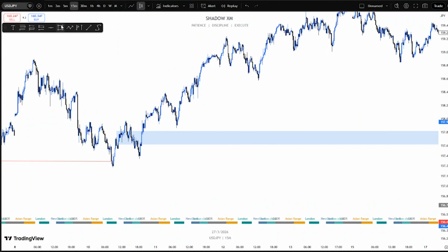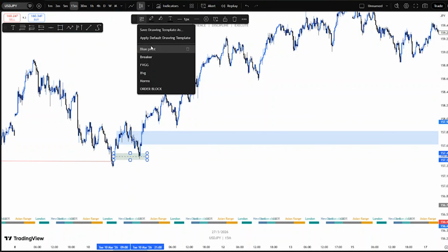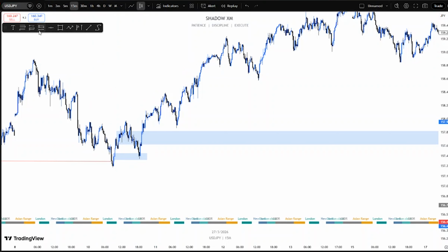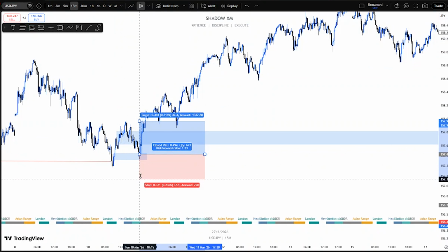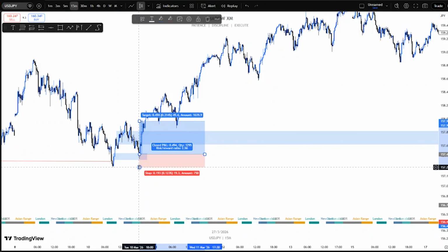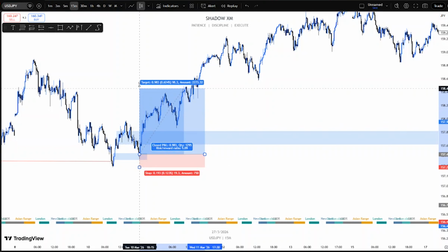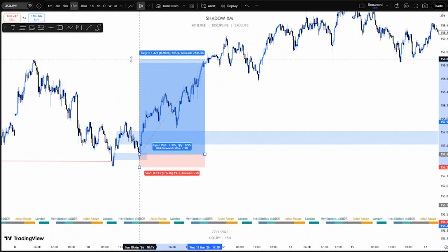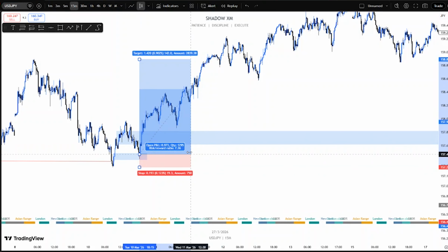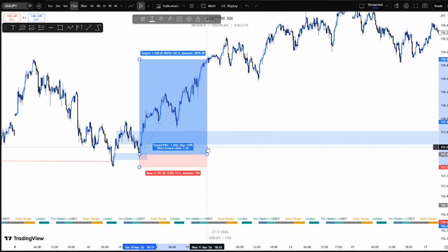we have this support zone here. If you take a buy from here also, and target the next liquidity, let's say target here, that's another big win.